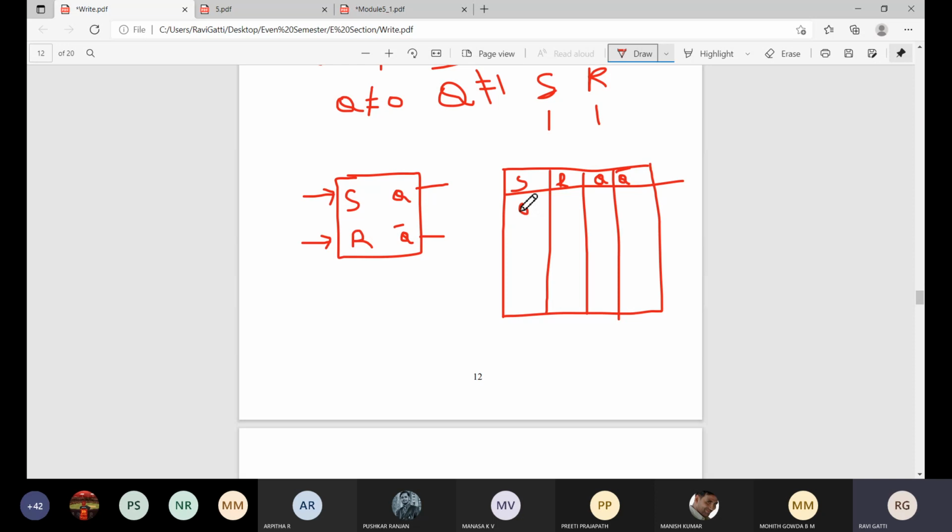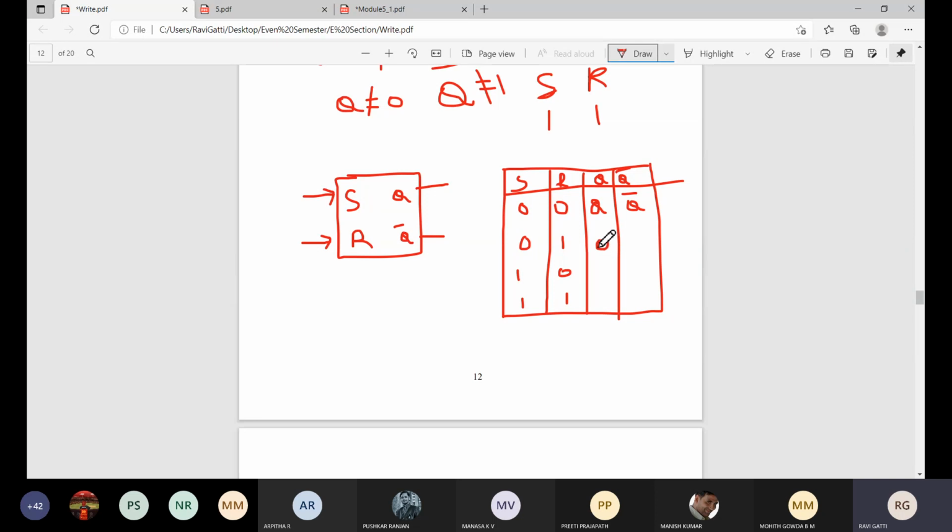S and R, and Q and Q bar. So let us take 0 0, 0 1, 1 0, and 1 1. When S is equal to 0 and R is equal to 0, there is no change in the input, so whatever the Q is there, that value will be retained. Second condition, when S is equal to 0, R is equal to 1, it is a reset condition.